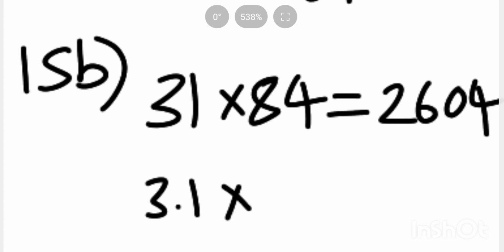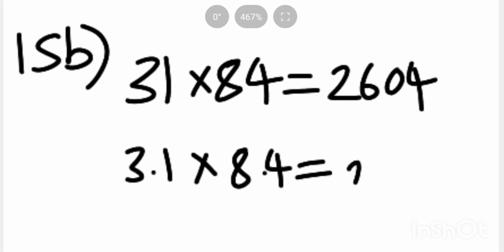To get from 84 to 8.4, you divide by 10. So you divided the left hand side effectively by 100 because you divided by 10 twice. So you'd have to do the same on the right hand side. So you divide by 100 and you get 26.04.